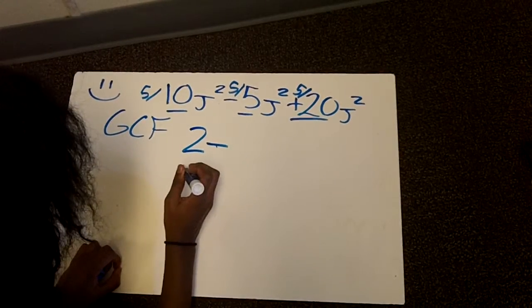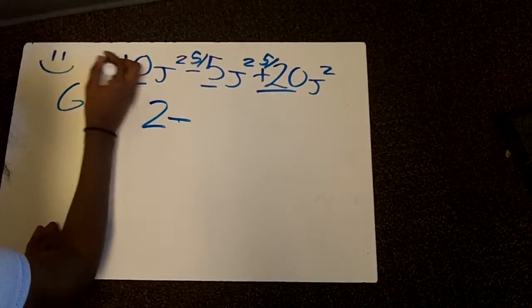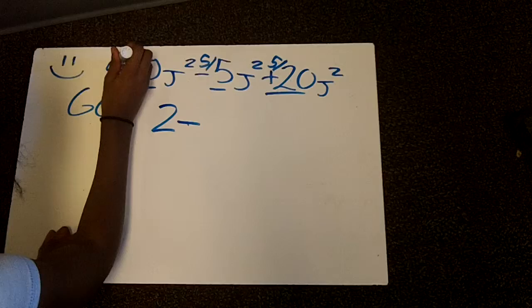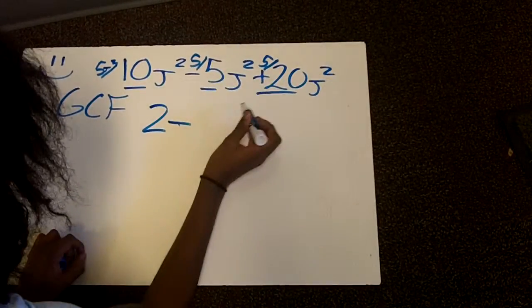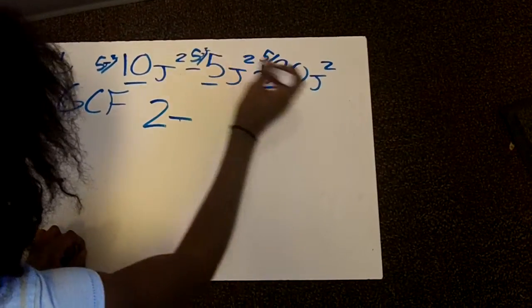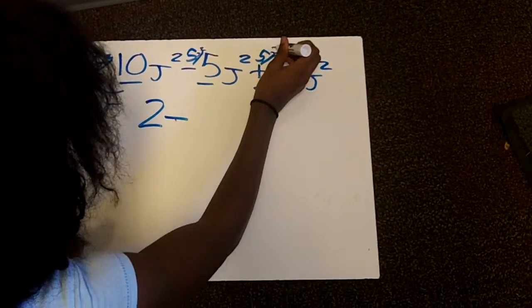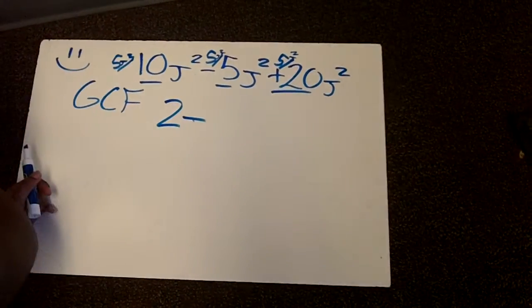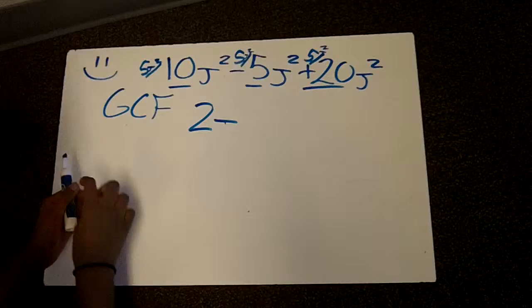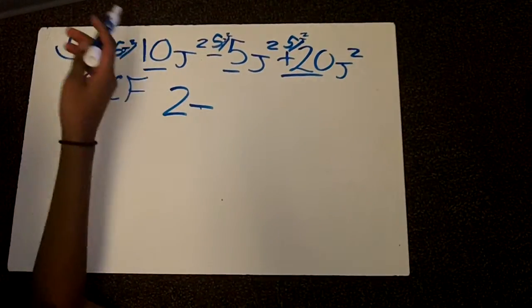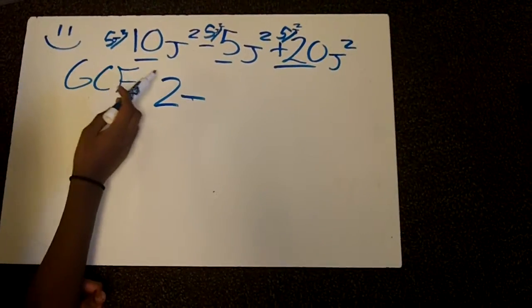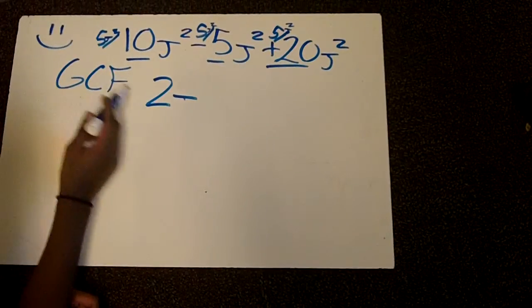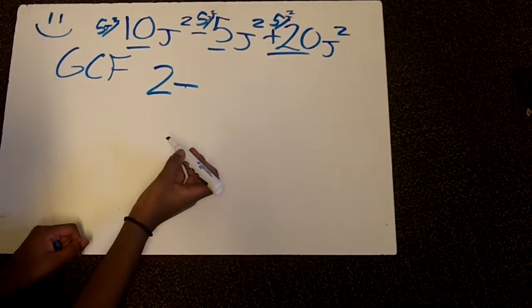Well, actually, let's divide all of these by 5j squared, because they all have j squared in common. Okay. So 10j squared divided by 5j squared would end up being 2.